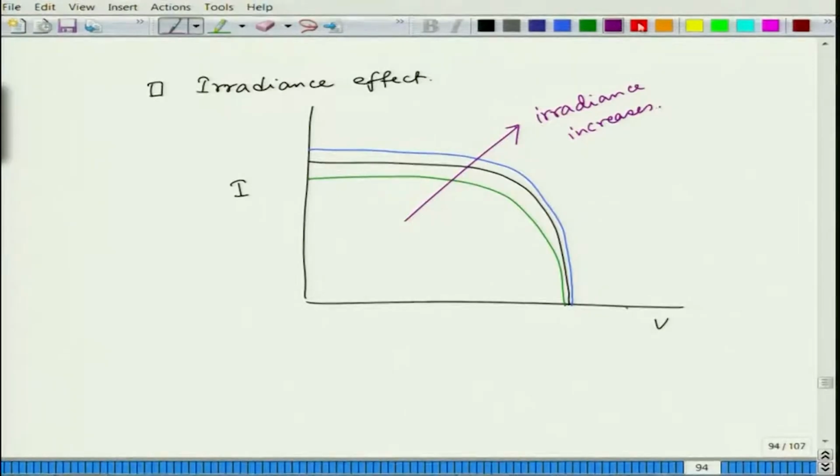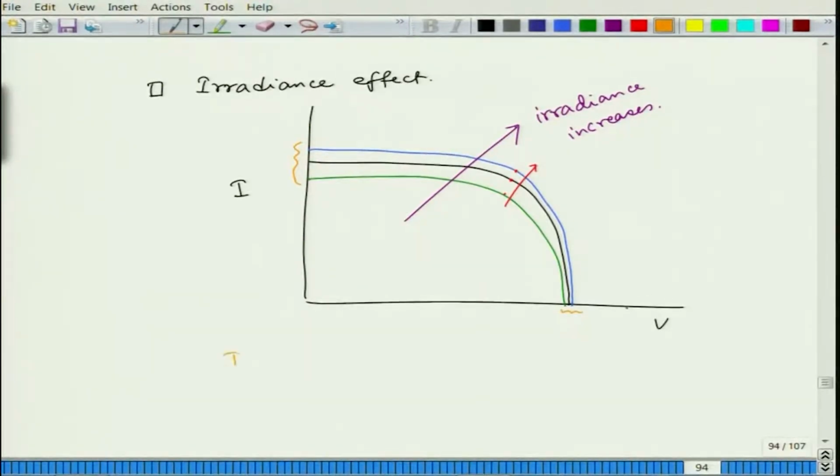You can see that these maximum power points are going up as well with the irradiance. And one more observation you can see, the current ISC is getting affected more strongly than the voltage.